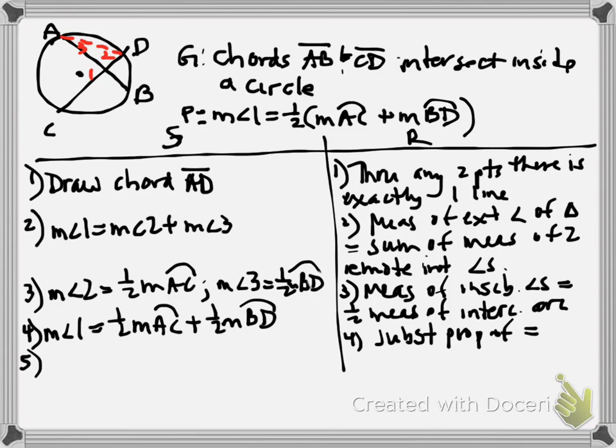And the only other thing I need to do now is use that algebra or distributive property and factor out the 1/2. So remember what we talked about with that term algebra? We only use that if we're only doing math on one side of the equation. If we're doing the same math on both sides, then that's a property of equality.